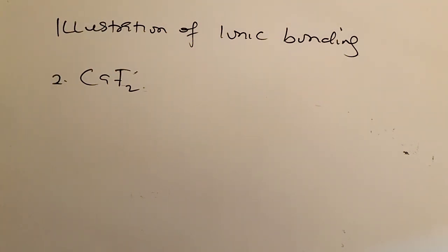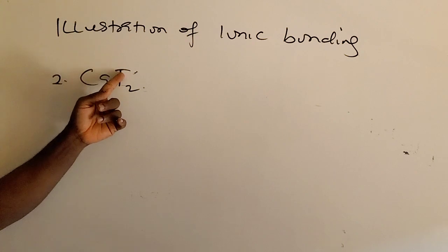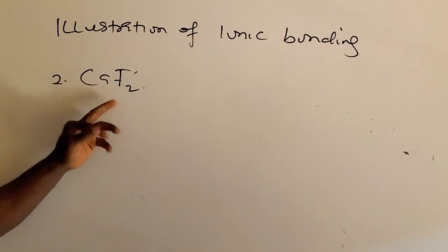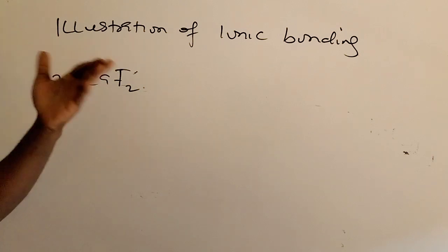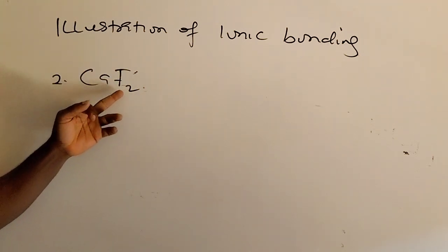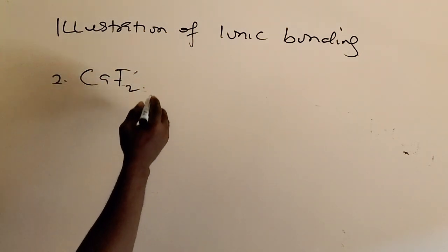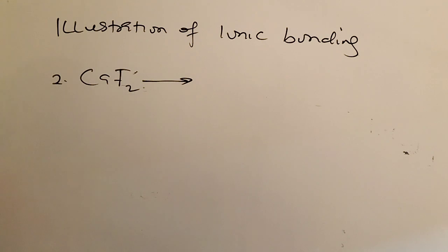In this compound, there are 2 elements, calcium and fluorine, but there are 3 atoms: 1 of calcium and 2 of fluorine. Atoms here means the frequency of the element in the compound. So 1, 2, 3. So I'm going to write 3 symbols, 1 of calcium and 2 of fluorine.